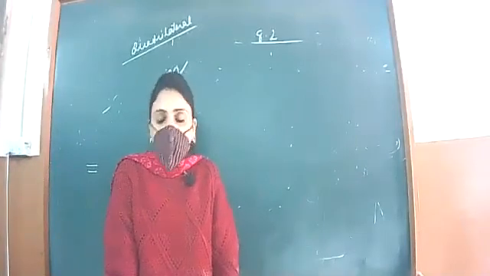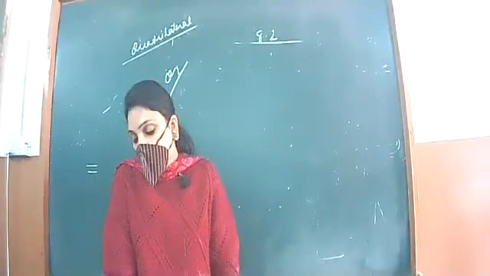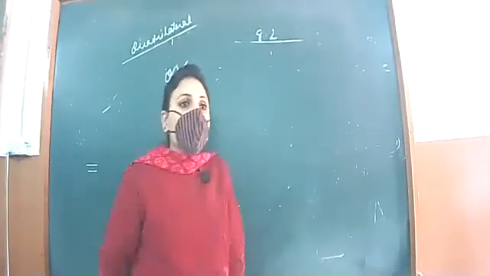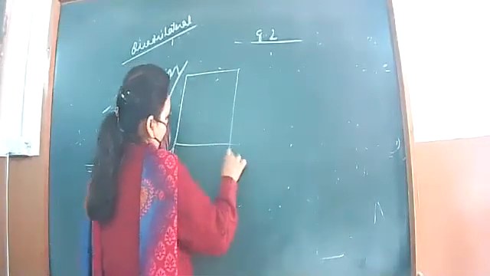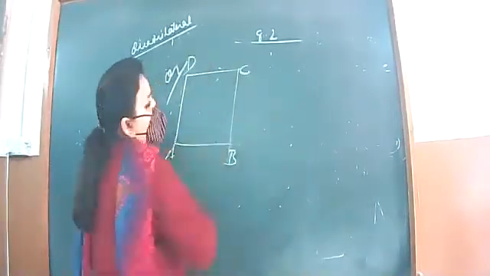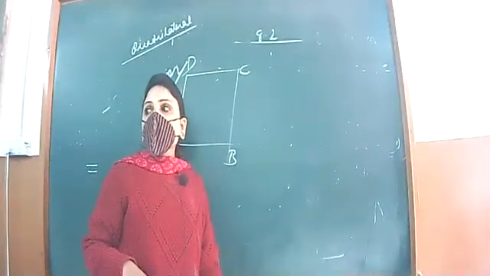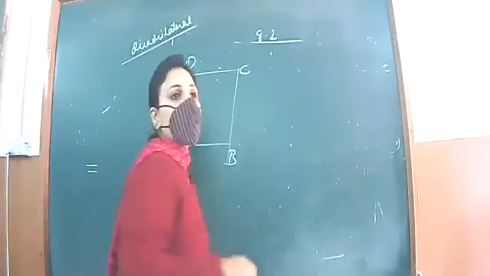ABCD is a rhombus and PQRS are the midpoints of the sides AB, BC, CD and DA respectively. First of all, we are given a rhombus, and PQRS are given to be the midpoints of the sides.